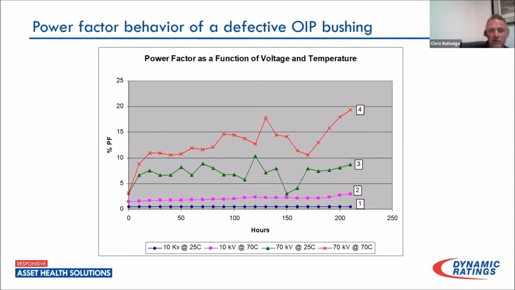We're starting to see a lot of changes in the power factor. And then if we step up to 70 kV at 70 C, which would be very close to what we see in service, we start to see this power factor approaching 20%. So this is actually a bushing where we're starting to see it go into a failure mode. However, it hasn't even reached the point where you would be aware that you had a problem using offline testing.